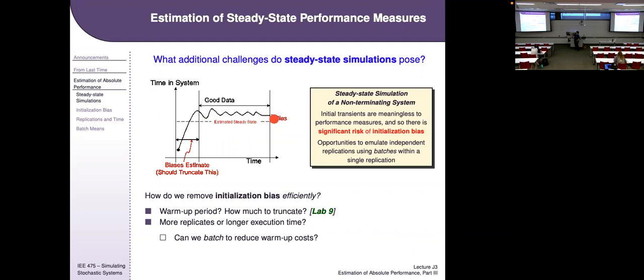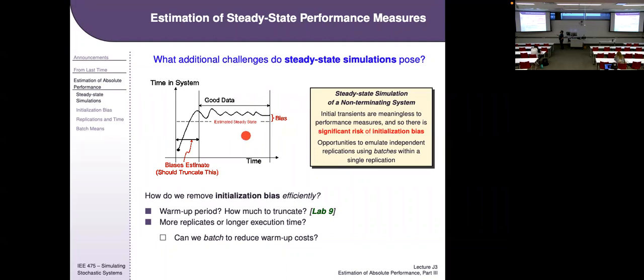That is bias that we would like to eliminate, and we eliminate the bias by making the initial conditions better in some way. One of the ways we can do that is by introducing a warm-up period. You've seen that in lab 9, where you have to decide how much data to cut off the front of a simulation to reduce the bias in that simulation.